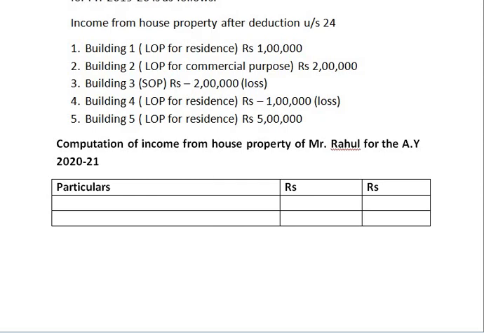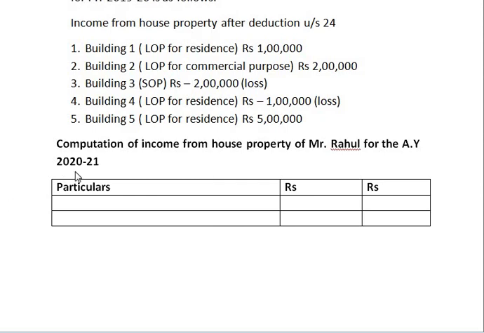But when you are solving the sum, first take all the profits one after one and then deduct all the losses. This is how we have to solve the sums under set off. Take all the positive figure first, that means take all the profits first and then deduct all the losses.